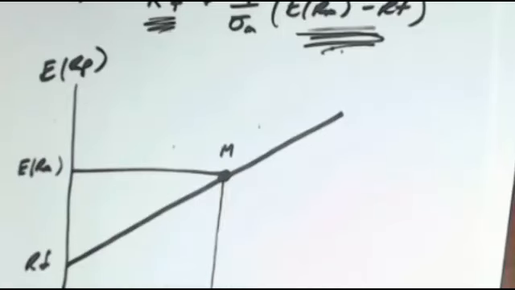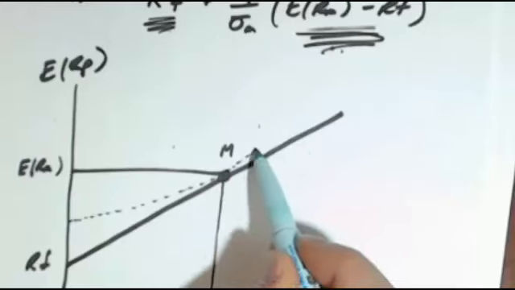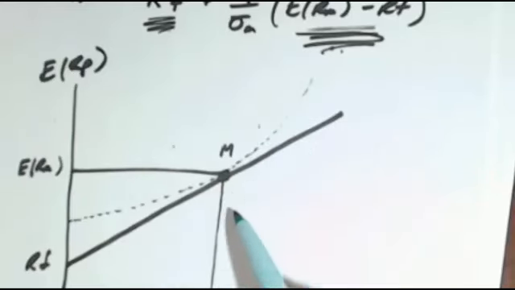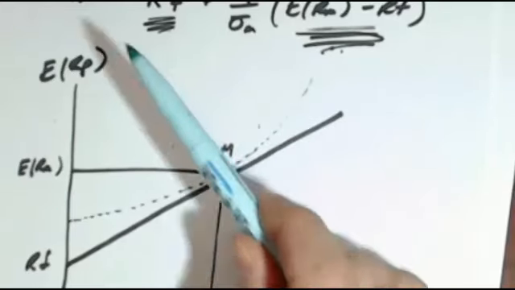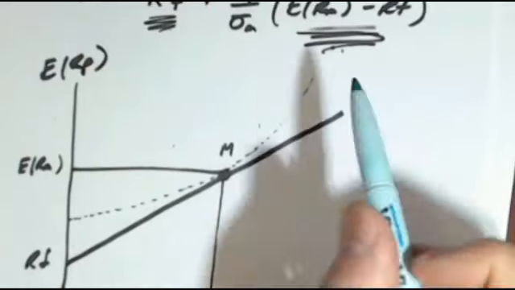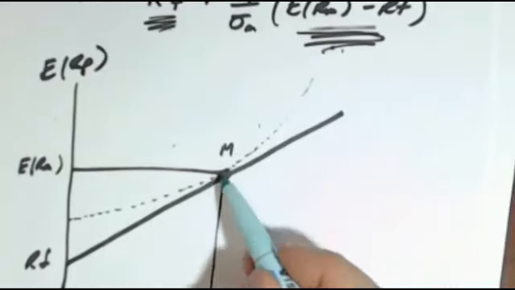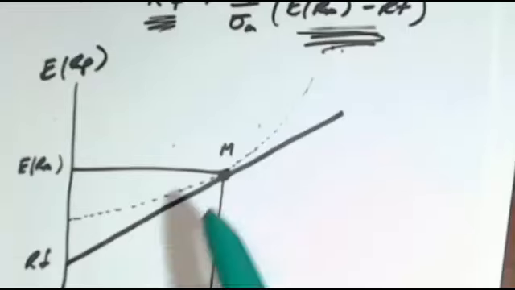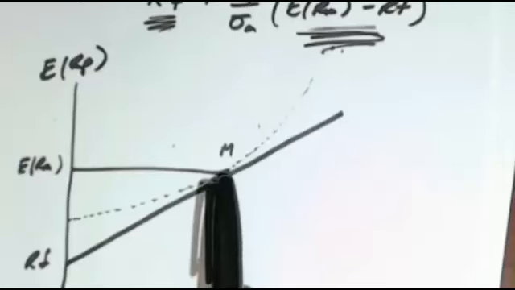Our indifference curves would be such that we'd be optimized at that market portfolio. We'd be right here, the best we could at moving in this direction up to the northwest. We'd have a maximum indifference curve at that point if we liked the risk and return trade-off that the market gave us.